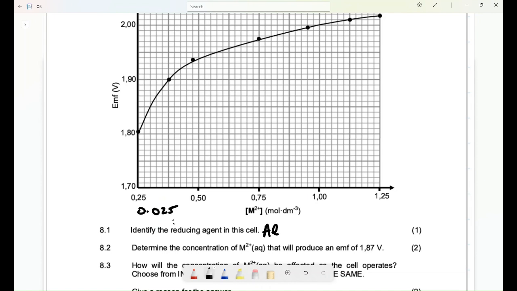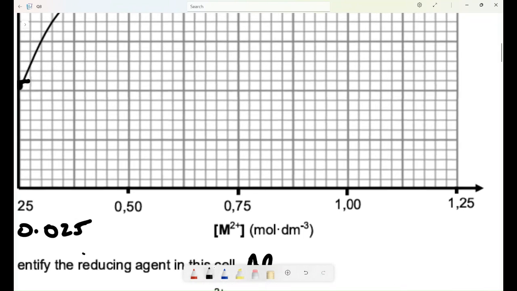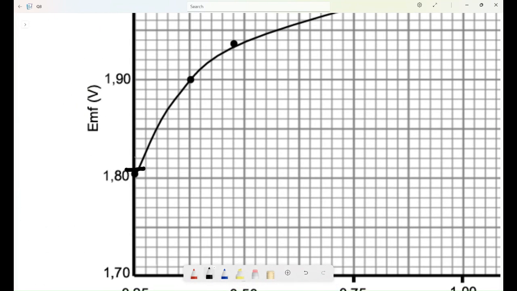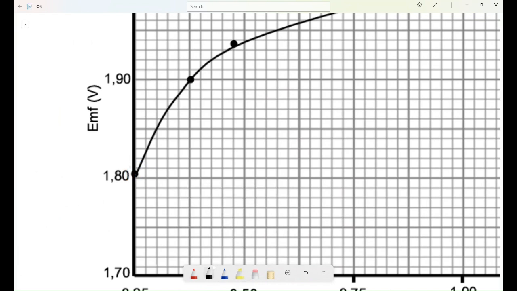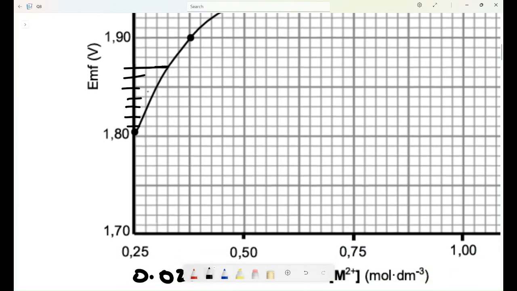Now let's count. The first one here is 1.81, 1.82, 1.83, 1.84, 1.85, 1.86, 1.87. I go to 1.87, then I go directly down.